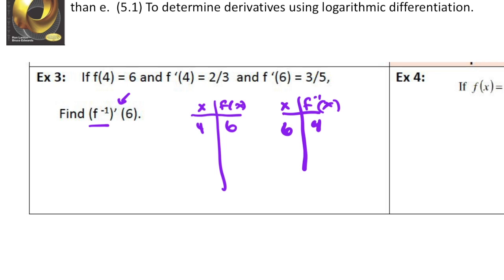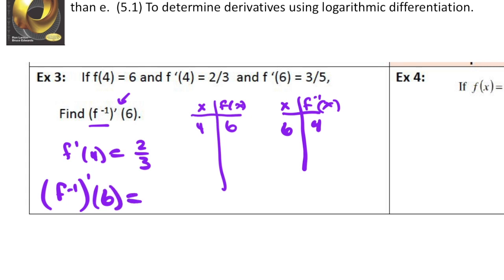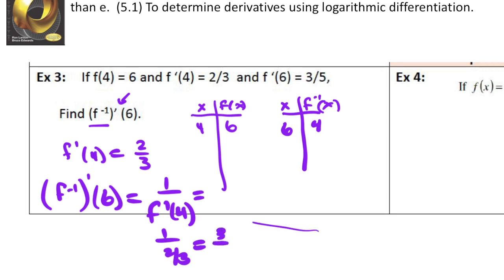So if I'm looking for the derivative at 6, and I know that f prime at 4 is 2/3, then the derivative of the inverse function at 6 is going to be equal to 1 over f prime of the y value, which is 4, and that will equal 1 over 2/3, or 3/2.